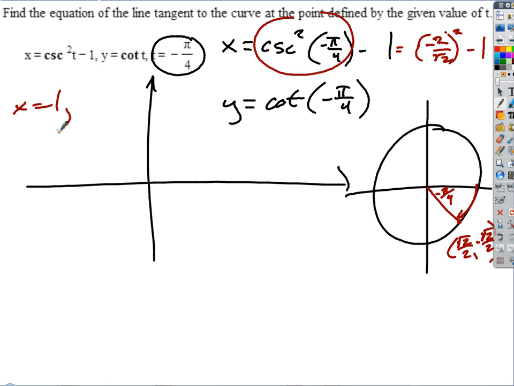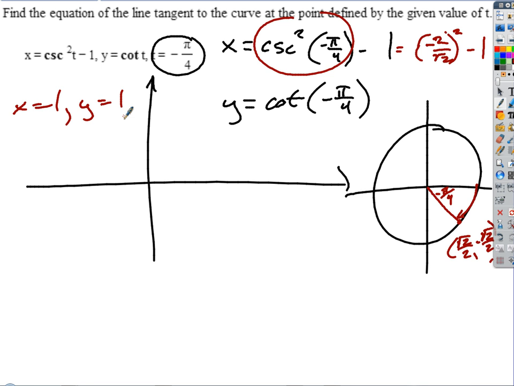Okay, cotangent. Well, cotangent is just the reciprocal of tangent. Tangent in this case is going to be the y component over the x component, right? So -1, and the reciprocal of -1 is -1. Oh wait, it's not squared.